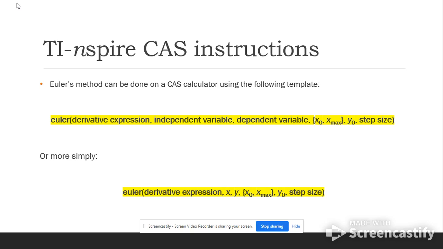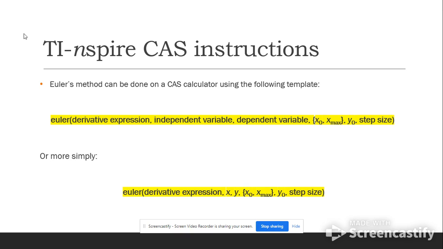We must type the word Euler and open a bracket, and then inside this command we have to firstly write the derivative expression, comma, then the independent variable, comma, the dependent variable, comma, and in a set of braces we have to input the initial condition for x, so x0, comma, and then the maximum value of x, comma, then we have the initial condition for y, so y0, comma, the step size.